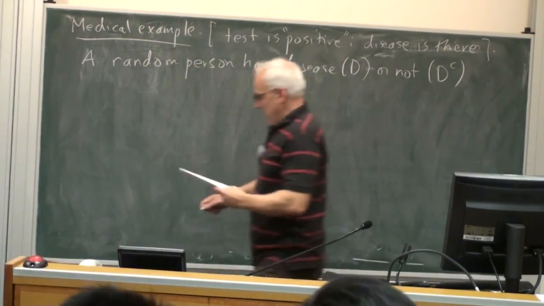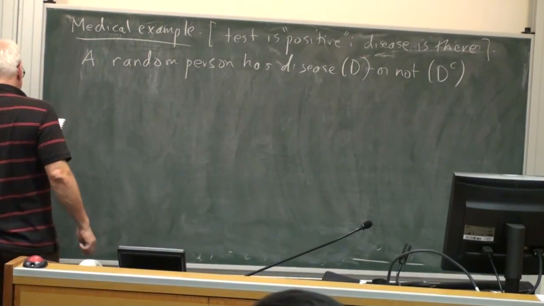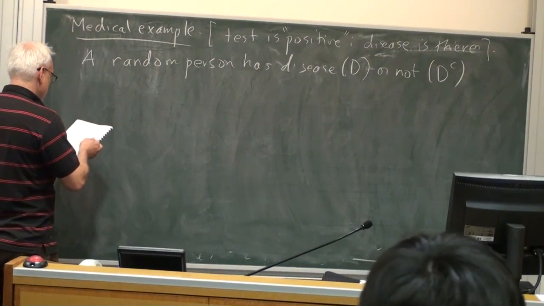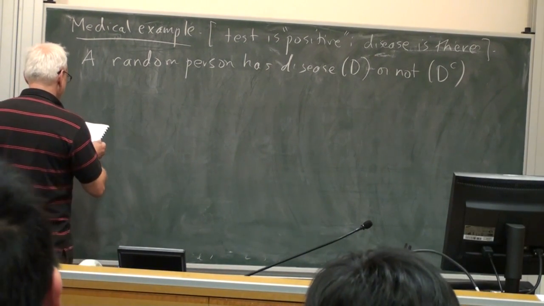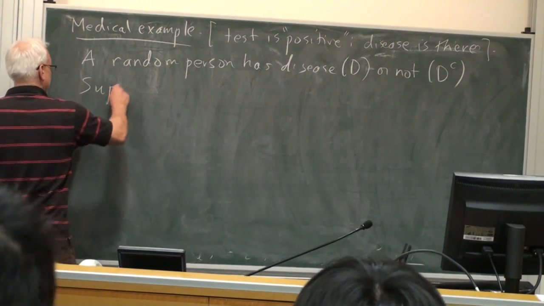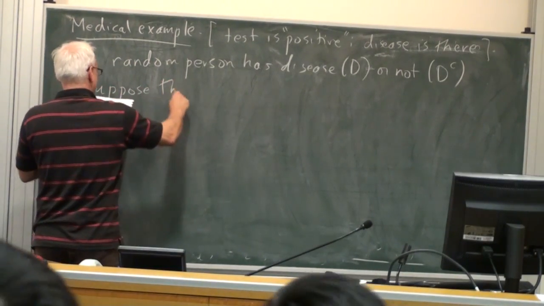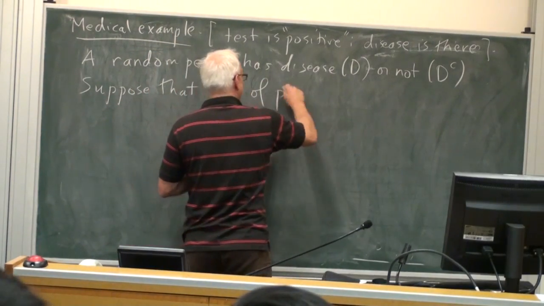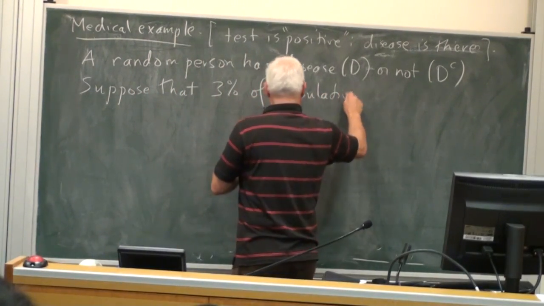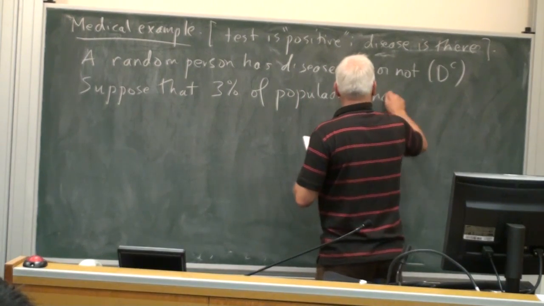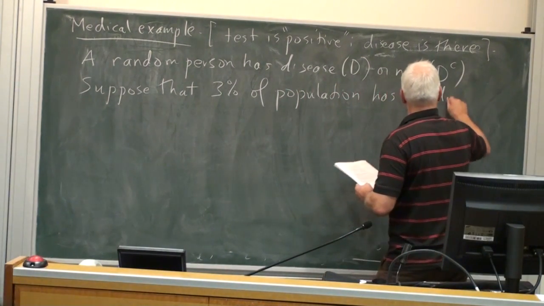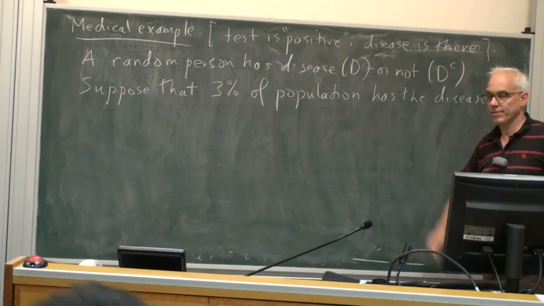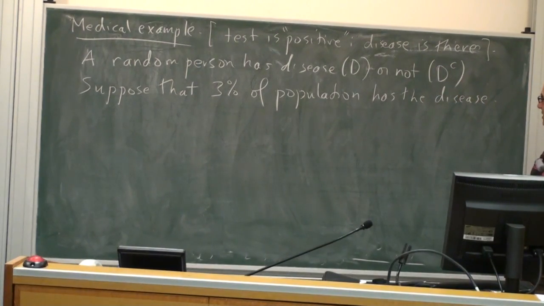And let's say that we know, suppose that 3% of the population has the disease. So 3% of the population has this disease.